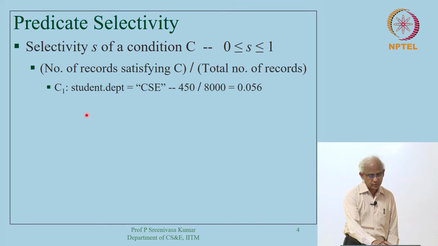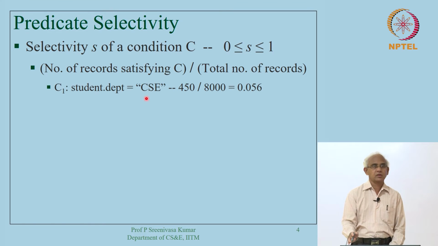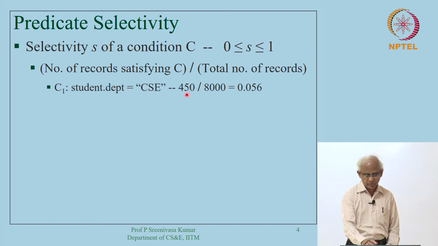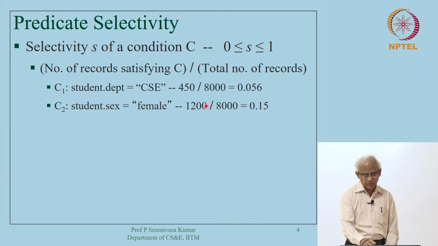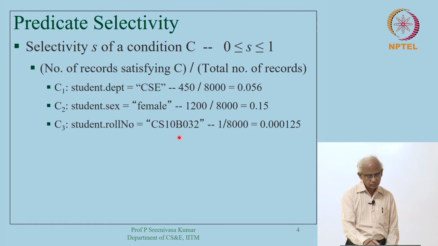So, here are some examples. Student department equals CSE. Assuming that there are about 450 CSE students in our campus of 8,000 students, the selectivity is like this. And there are, I heard, fewer girls compared to boys, so the selectivity of this is like this. If you give a roll number and then look at the selectivity, that is a very low selectivity.